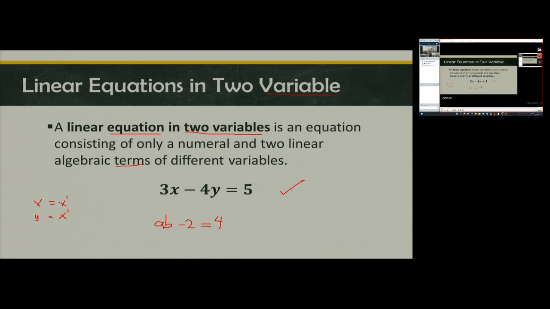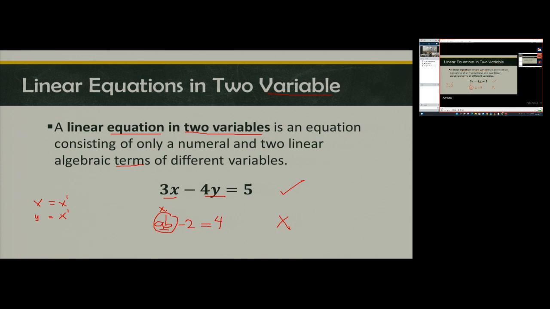Now, this is a linear equation in two variables, but this one is not. Why? Again, each term should only have one variable, but this term has two. That's why this is not. Each term should only have one variable each.